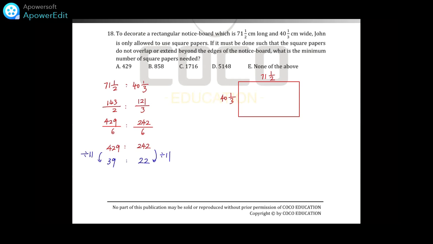So now the ratio is 39, which we can call 39 units, to 22, which we can call 22 units. So when you cut the paper into small squares, you cut this into 39 columns, and then cut it into 22 rows.